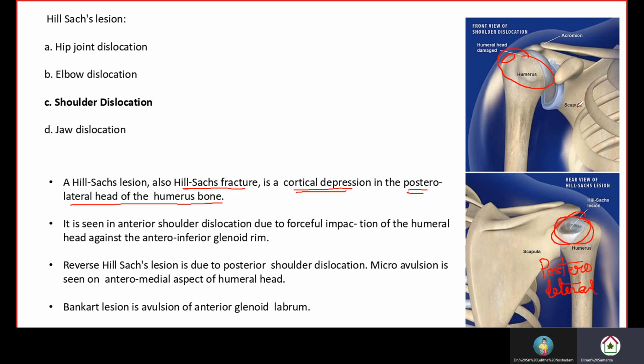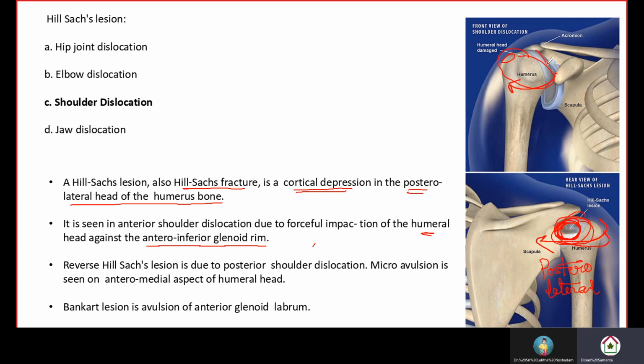What happens? In anterior shoulder dislocation, the shoulder rotates like this, and the posterior side rotates inside, meaning this side is compressed by the glenohumeral joint, and there can be a Hill-Sachs lesion due to forceful impaction of the humeral head against the anterior inferior glenoid rim.